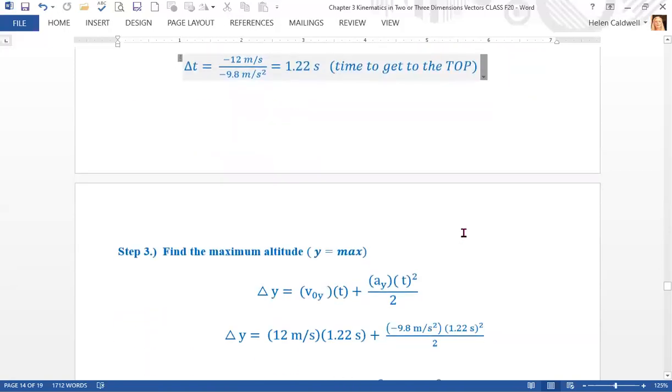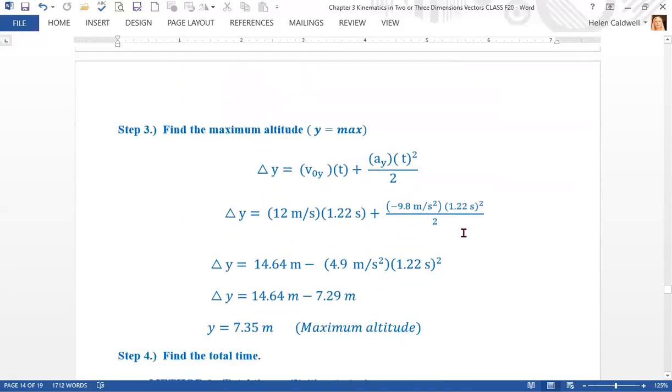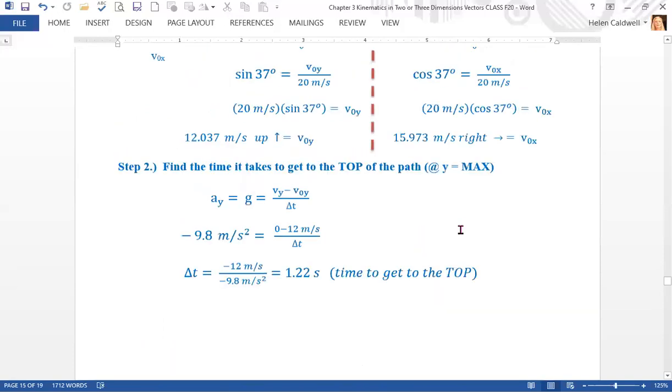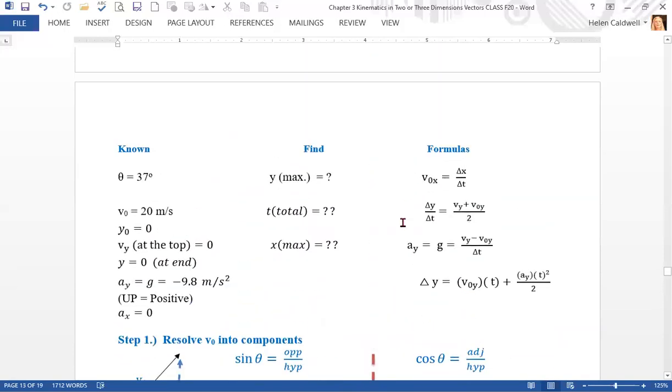So now what? Well, if you've got the time to the top, you can find the maximum altitude. What I did is I went back and I looked at my formulas and said, what can we find out? We know v0 in the y direction. We know vy at the top, but we don't know delta y. We do know delta t.